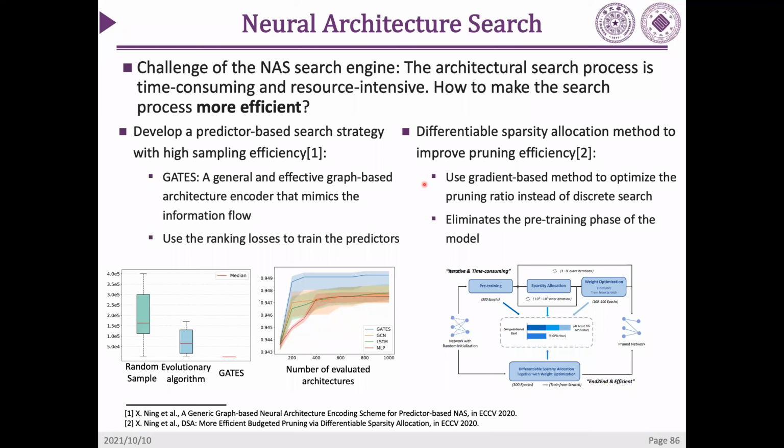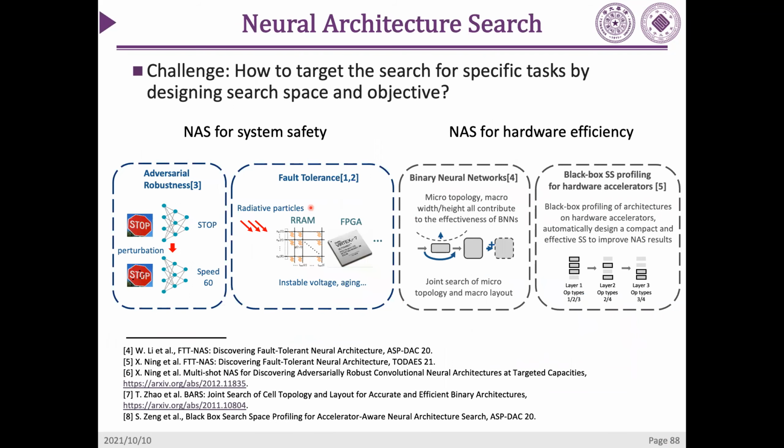For this direction, we also find that high energy efficiency for neural architecture search is a very important research direction. And after you have the neural architecture search engine, then how do you target the search for specific tasks, even related to the hardware, and also design for hardware efficiency?